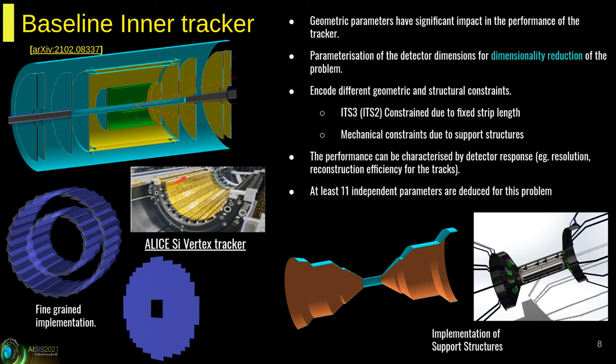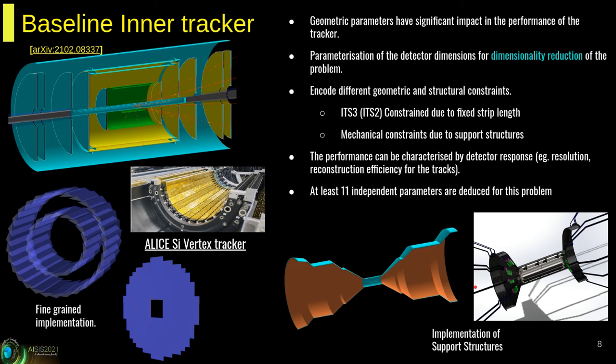Here is the silicon vertex tracker that uses ITS2 technology, built by the ALICE collaboration. We intend to reuse these staves, and therefore the lengths of these layers are fixed. Also, the mechanical support structures, along with cabling and servicing, had to be made compatible for every new design that we explored. These constraints can also be parameterized.